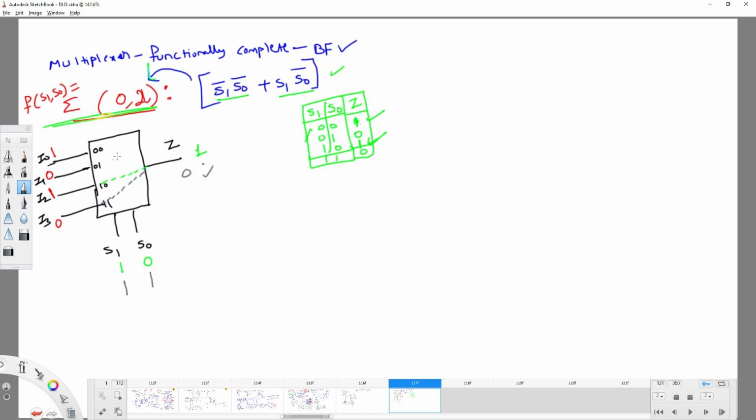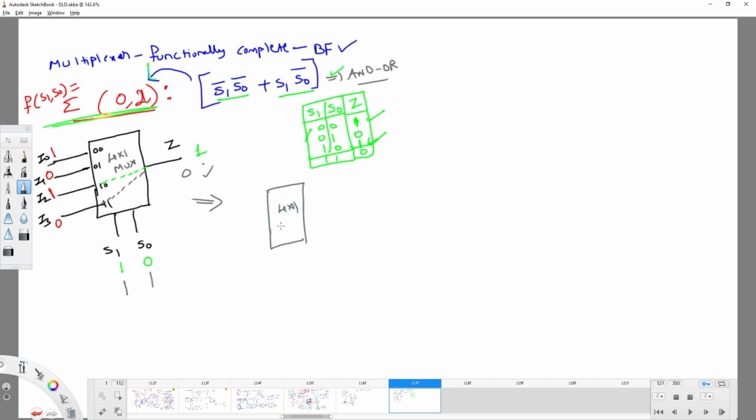Right? Now is it a kind of implementation using multiplexer or not? The same thing you can do with the help of AND OR gates also. We can do it with the help of multiplexer also. The same example can be rewritten like this.